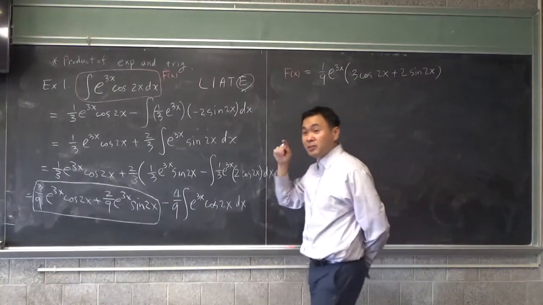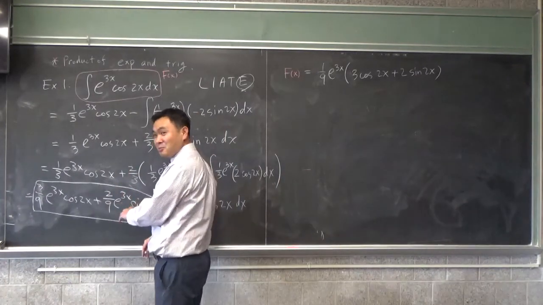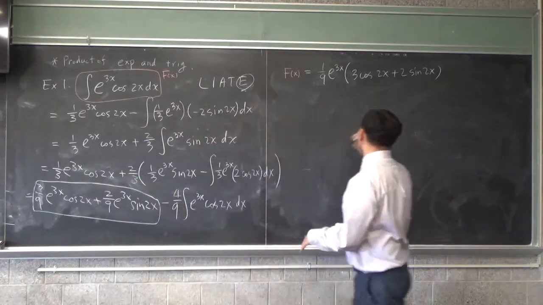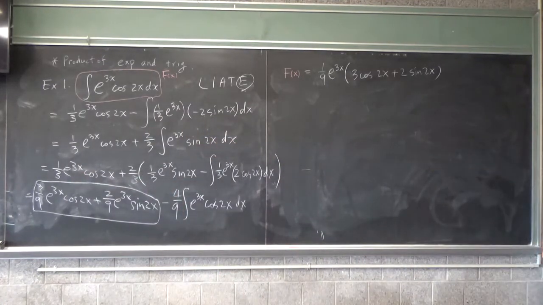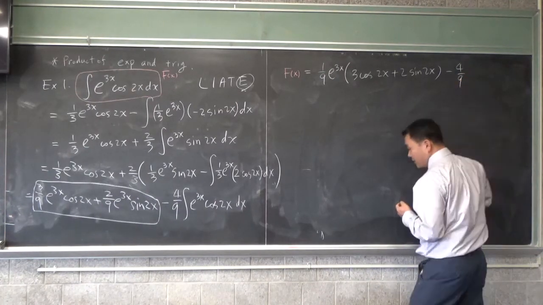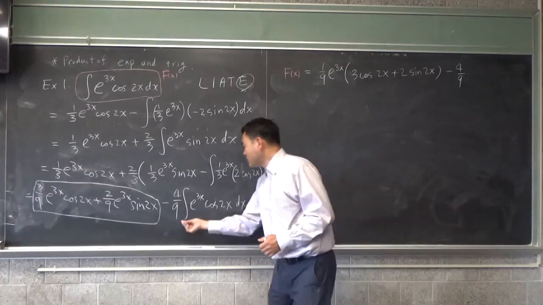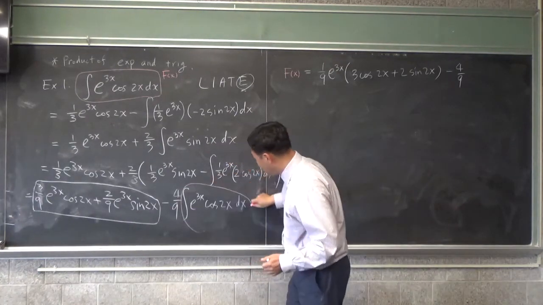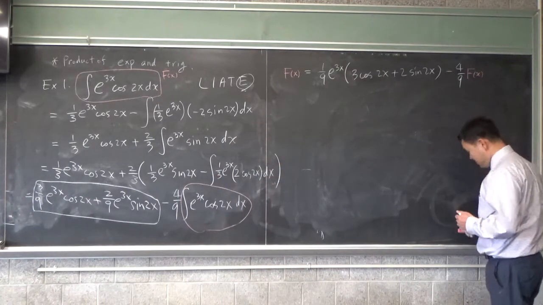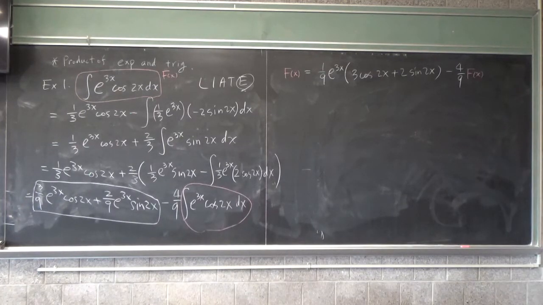That's how you factor, right? Factoring is like you have a group of friends and then somebody says, you, out, right? And that's what's left. Okay, and then you have minus 4/9 times what? What did we decide to call this? Isn't that an equation for F of x, right?